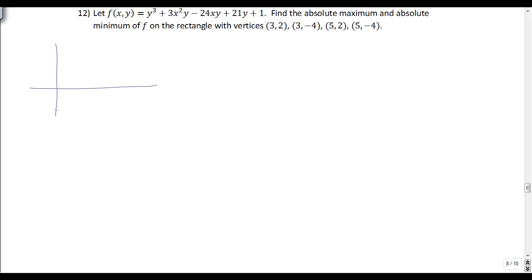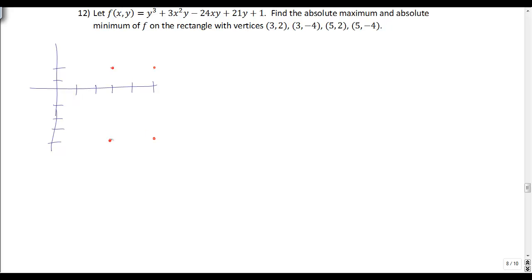So we go 1, 2, 3, 4, 5 in the x direction. We need to go down 1, 2, 3, 4 in the y, and then up 2 in the y. And so our rectangle is going to have vertices (3, 2), (3, -4), (5, 2), and (5, -4).